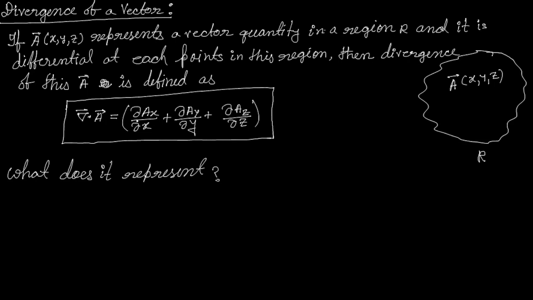You can see what we are doing here: we are actually differentiating this vector. So when you apply the divergence operator to any vector, it gives us some nature of this vector field. That is what we have to understand here.